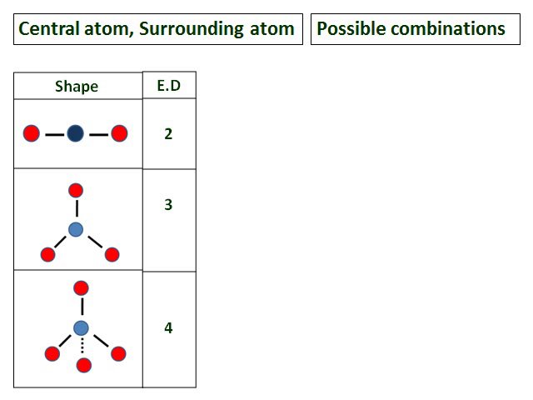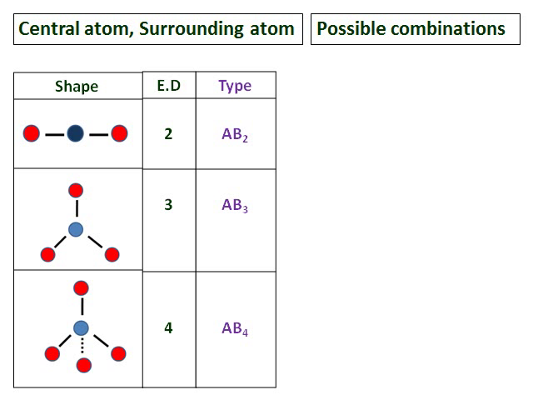And the type of the molecule, we write the first one as AB2. A represents the central atom, B2 represents the number of atoms surrounding it, and therefore the second one has one central atom and 3 electron domains, so we call the type AB3. And the third one, central atom and 4 atoms surrounding it, therefore it is AB4. So based on the type of the molecule, the electron domain geometry is predicted.